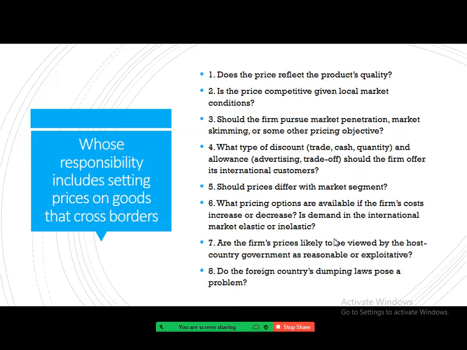Assuming that both internal and external cost figures are readily available, it is relatively easy to arrive at a quote. The disadvantage is that this approach ignores the demand and competitive conditions in the target markets. The risk is that the prices will be either too high or too low.